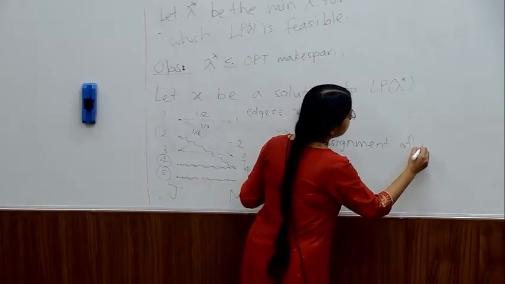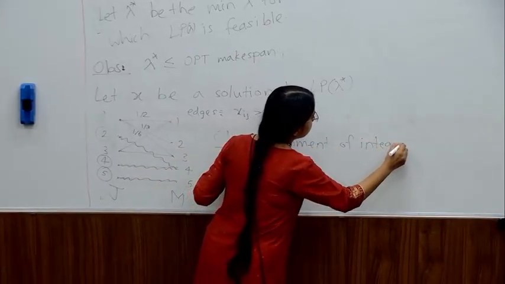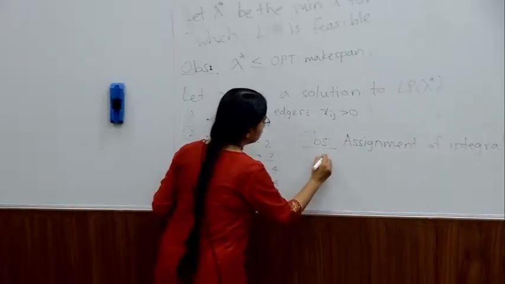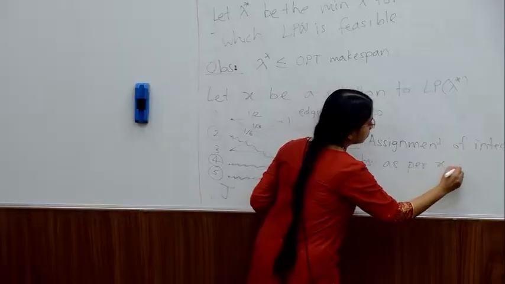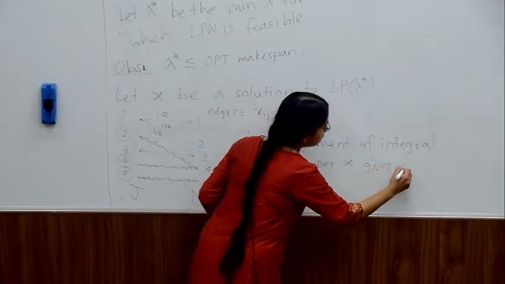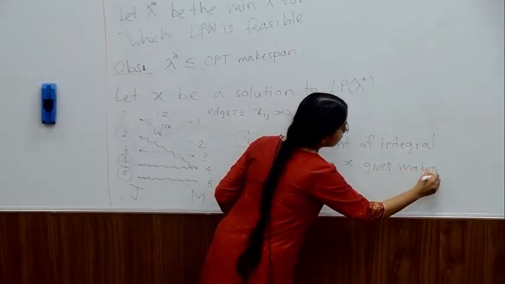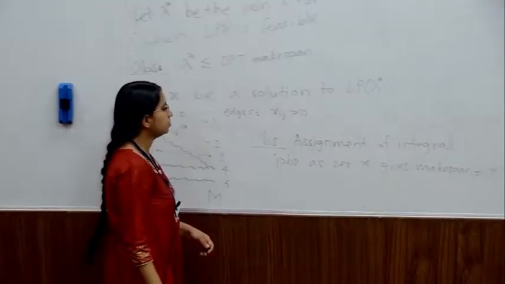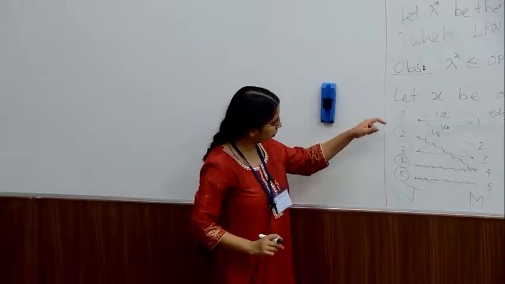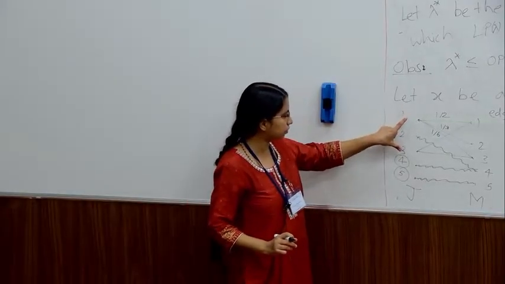So one observation that we make here is that assignment of integral jobs as per X gives makespan less than or equal to lambda star. Now let's focus on the fractional jobs and see what to do with them.